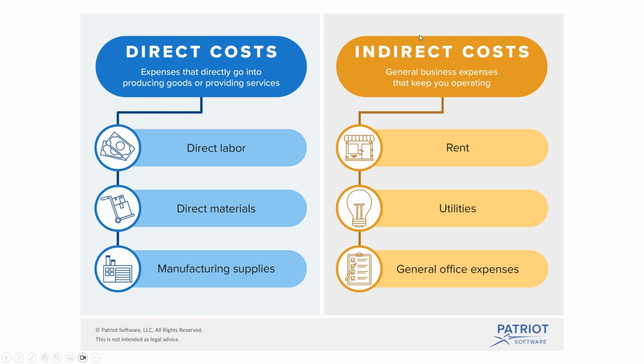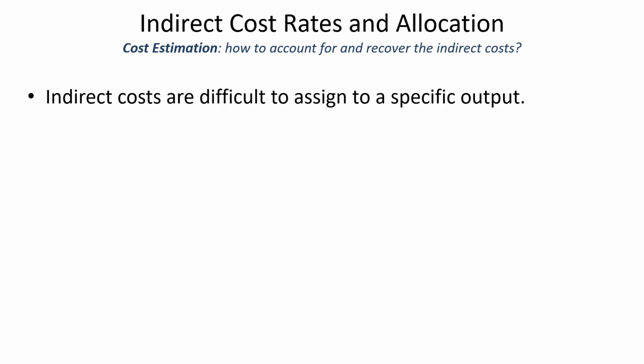But then there are other things that are just general expenses that can't necessarily be allocated on a per item basis to the direct production. So they're classified as indirect costs, and we recover them as some percentage. So indirect costs can be hard to assign to a specific output.